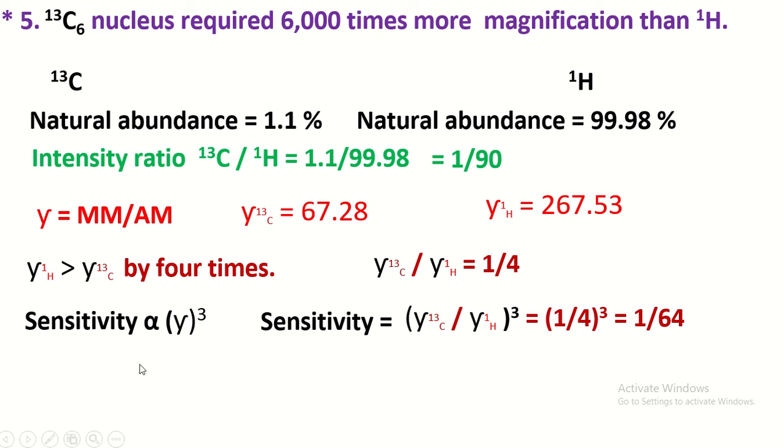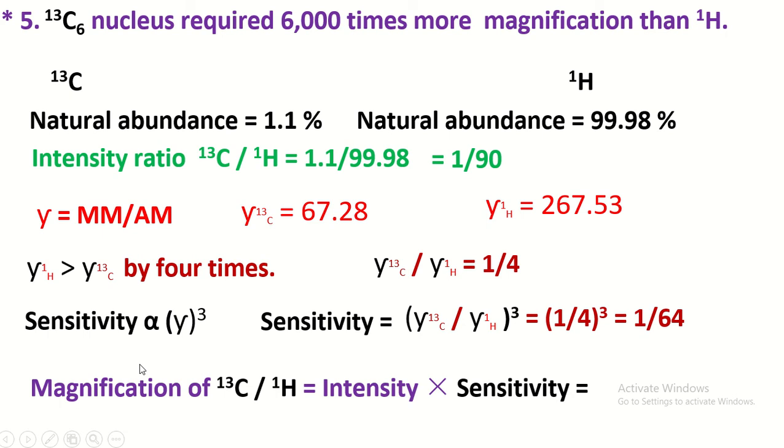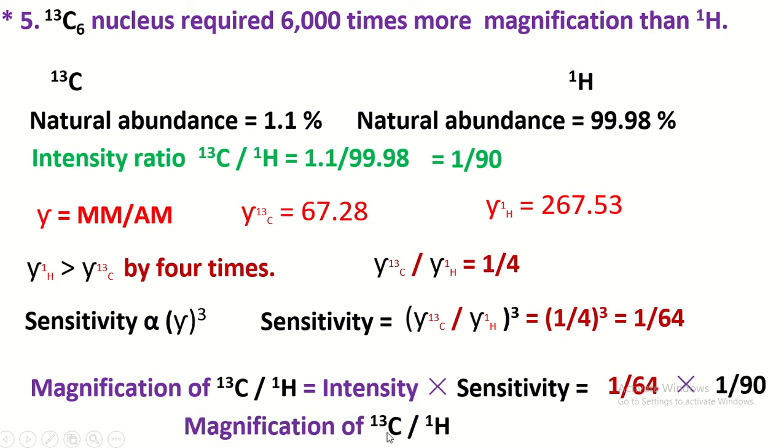The magnification depends on the intensity as well as the sensitivity. The intensity ratio is 1 by 90 for carbon-13 to 1H nuclei, and the sensitivity ratio is 1 by 64. Therefore, 1 by 64 into 1 by 90 gives 5760.